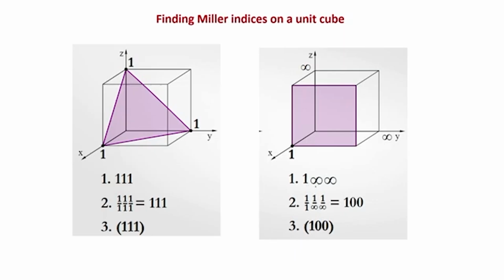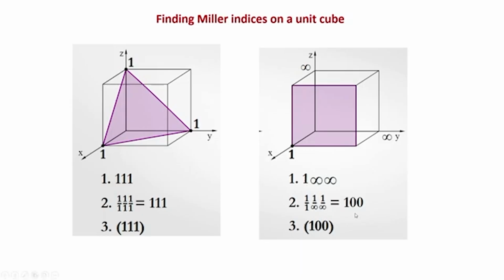Now, this is only the plane that's facing you, so y is infinity and z is infinity as well. This plane can go anywhere from 0 to infinity in the y and z directions. So, we take the reciprocals: 1 by 1, then 1 by infinity, 1 by infinity, and we get 1 0 0. So, the magenta colored plane that you see is a 1 0 0 plane.